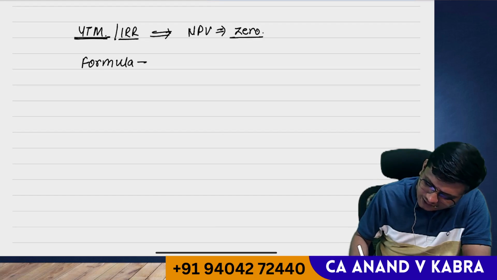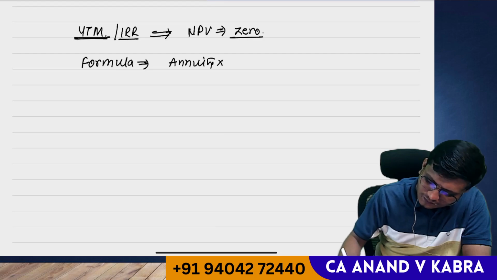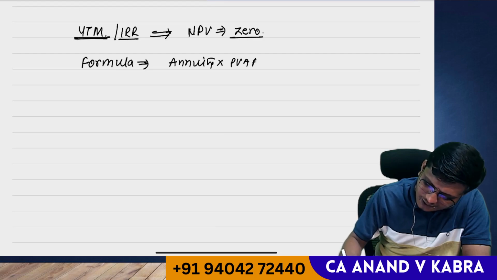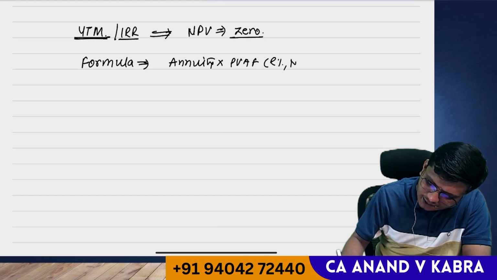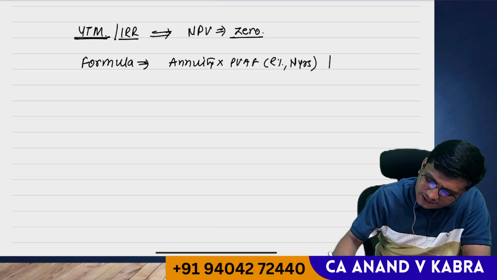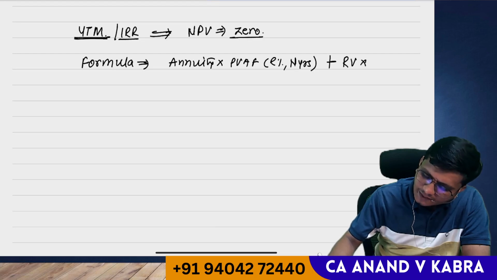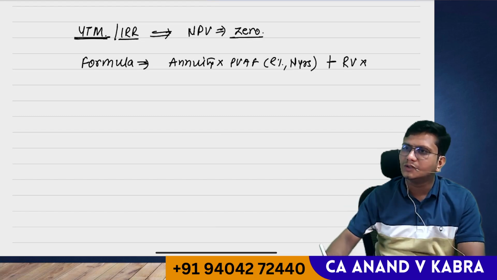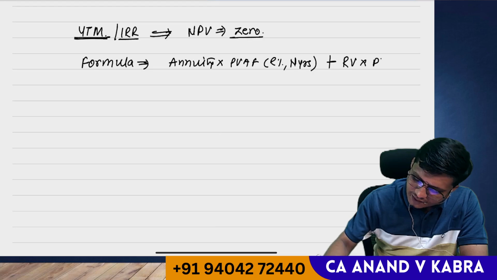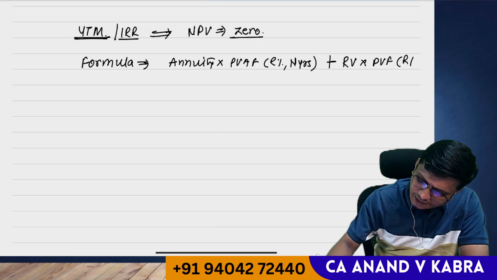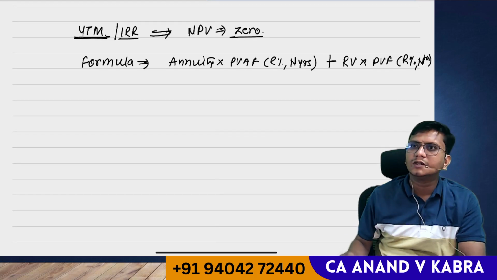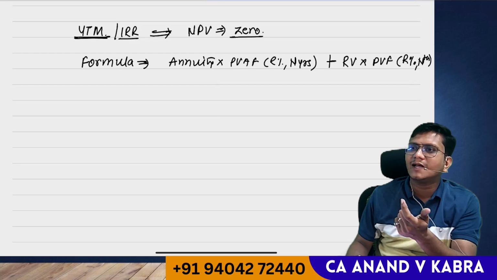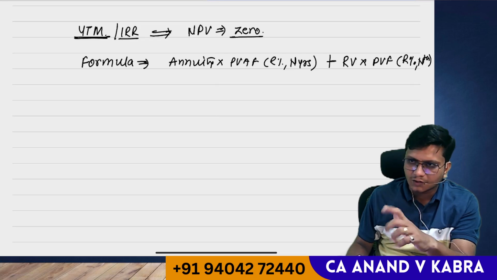Formula should be like this: annuity multiplied by present value annuity factor at r percent for n years, plus redemption value, which you're going to receive at the end of 12th year, 112 rupees, multiplied by present value factor at r percent for the nth year. Clear? So combining these two, you will get the value of the debenture today.